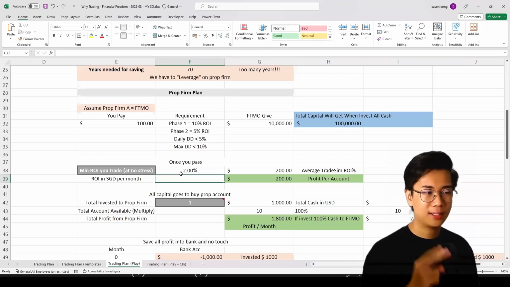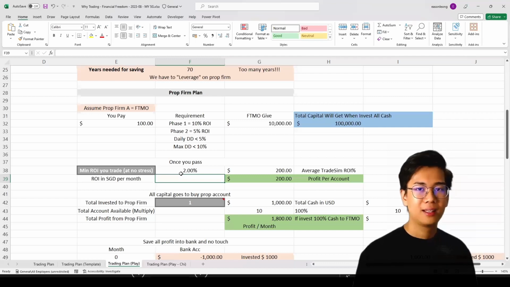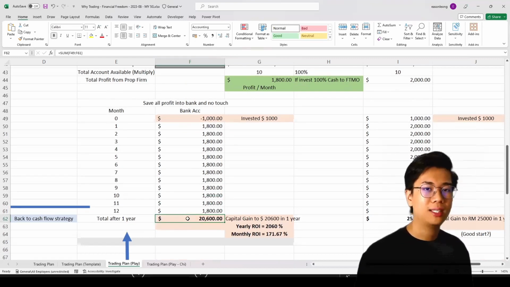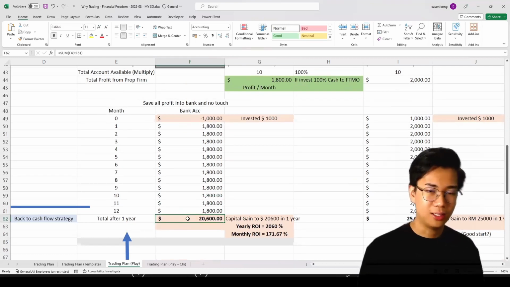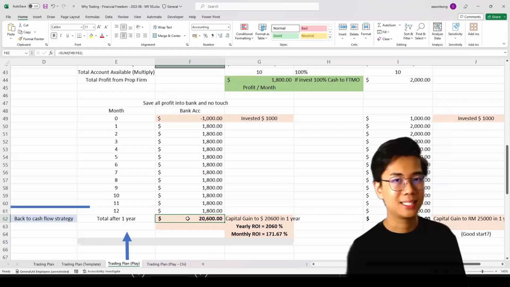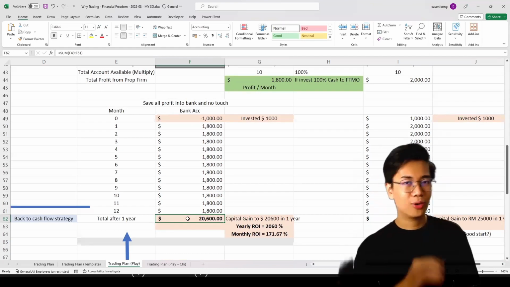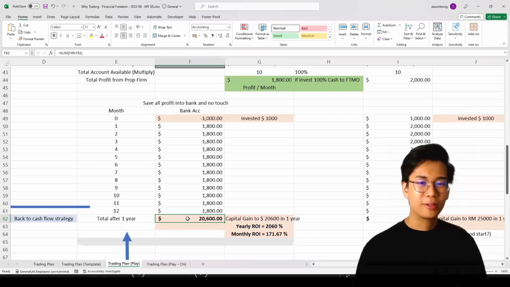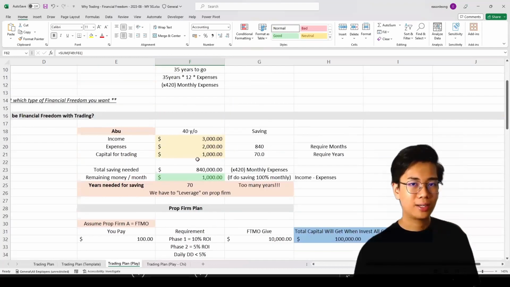Okay, $200 profit. Now, by end of the year can you still get 20,000 in your bank account, USD some more? You do your own conversion, take your calculator. Can or not?